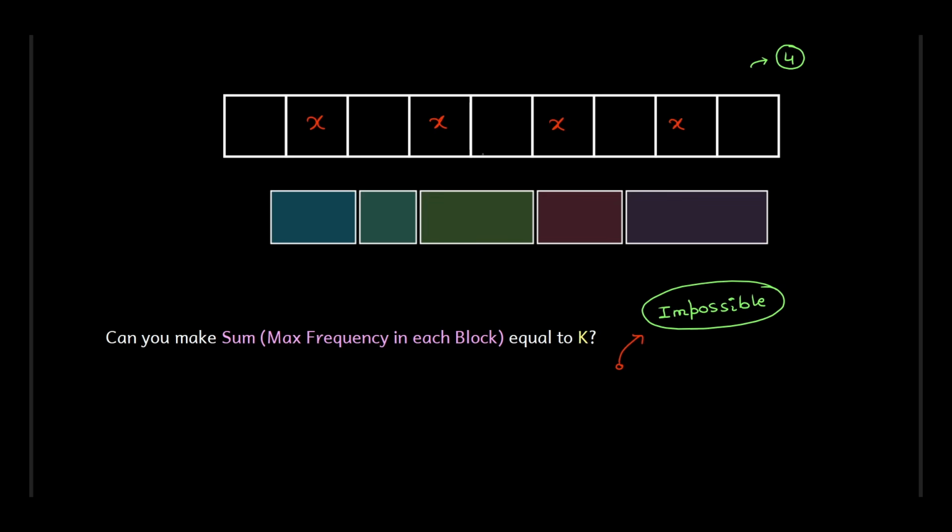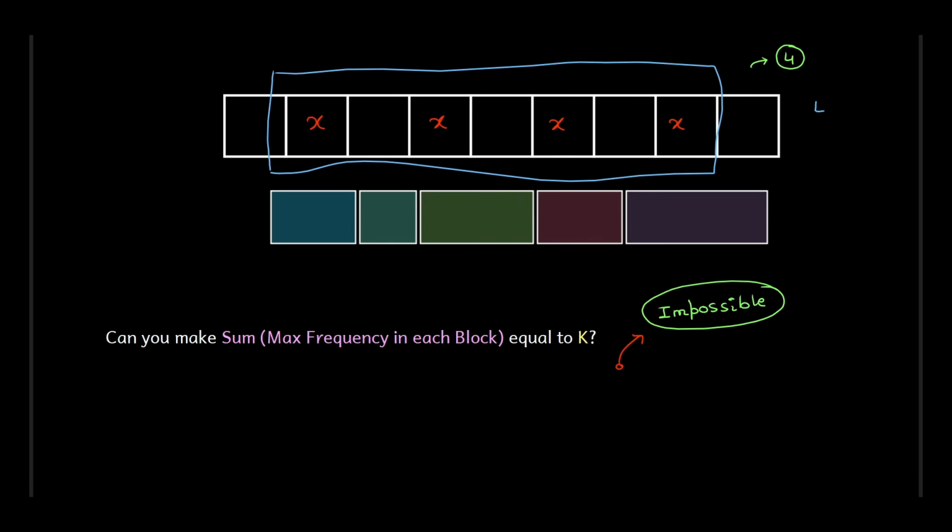So looking at this, can we find some k that are definitely impossible to achieve? You can notice that if you let all of these copies of x remain in the same window, they will contribute at least 4 in that block, and your answer will be 4 plus delta. So your answer will be definitely greater than or equal to 4.